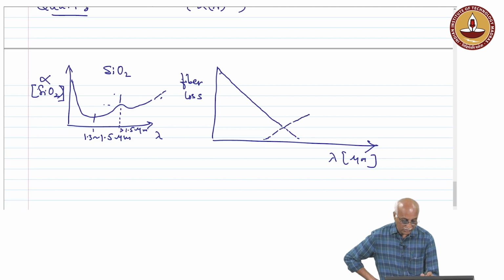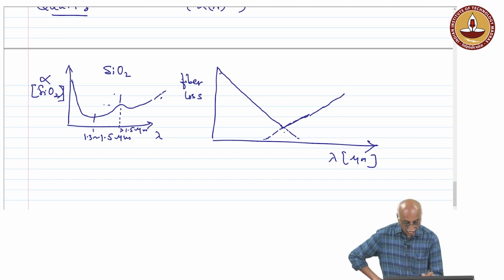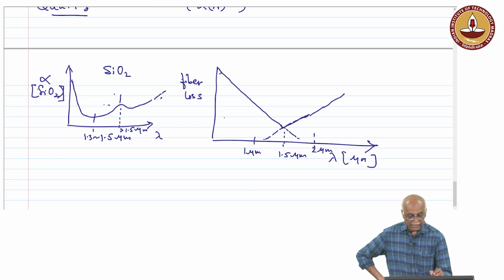So, again it increases. This wavelength range is around 1.5 micrometer, this is maybe around 1 micrometer, this may be around 2 micrometer. So, you can see that if we are using quartz fiber, the absorption or fiber loss characteristics are somewhat like this, correct.